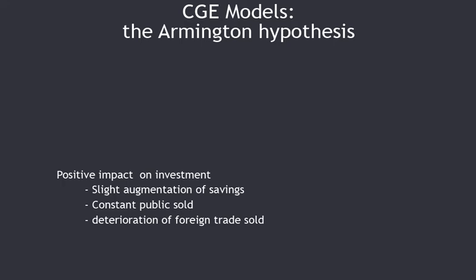Finally, there is a deterioration in the foreign trade balance due to the growth in imports following the cancellation of customs duty. So it is straightforward that investment increases because of the macroeconomic equilibrium, which is savings minus investment plus public balance is equal to foreign trade balance. The interpretations of the results will be refined during the third curriculum.